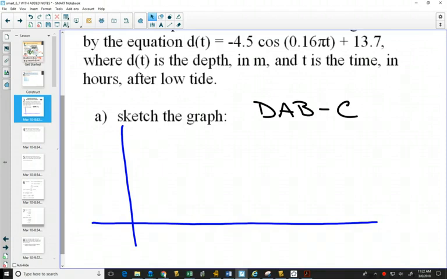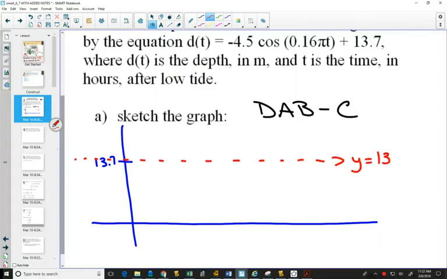My center line is going to be at 13.7. So I'm going to choose an arbitrary point here. I'm going to say that happens to be perfectly 13.7. That's my center line. So I draw a red dotted line at 13.7 to represent my center line. That's all you have to do for the D part of DABC.